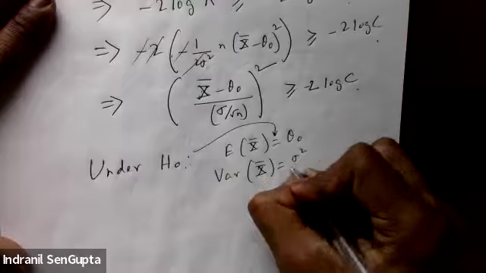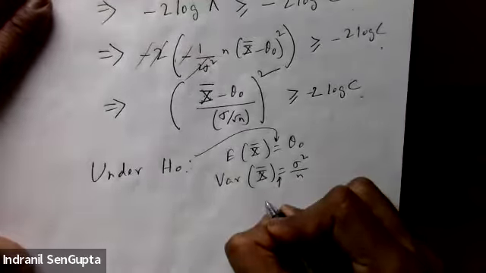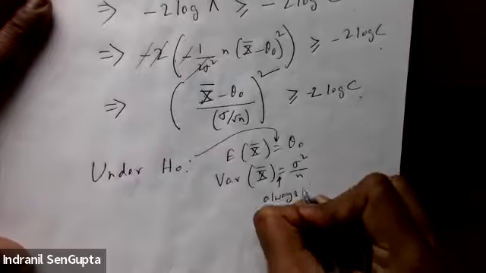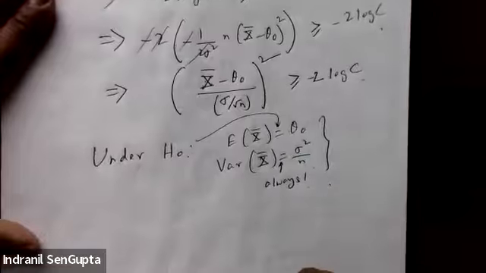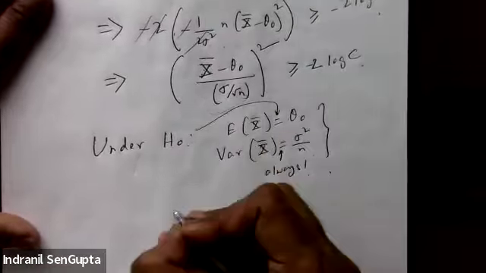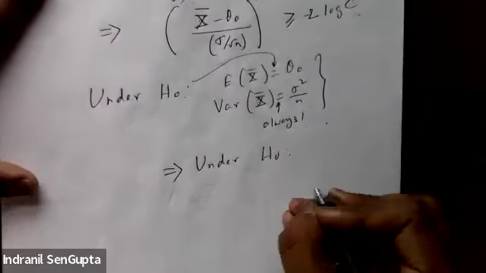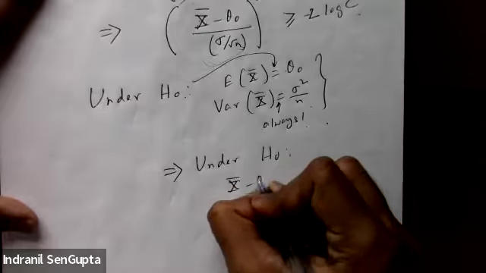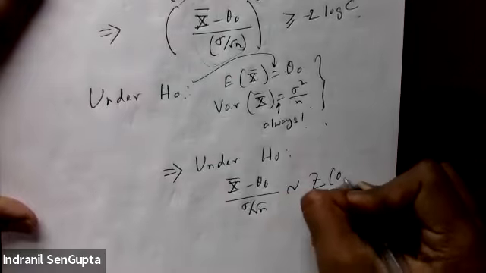So under H0, this quantity, x bar minus theta 0 over sigma over square root of n, follows a standard normal distribution.